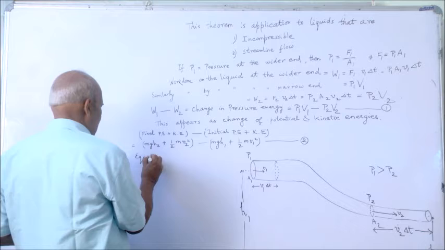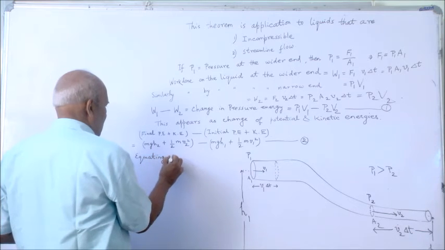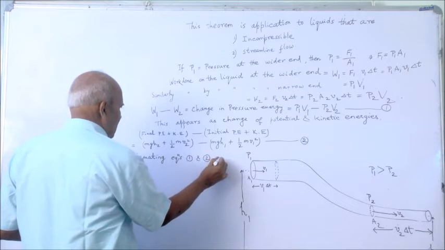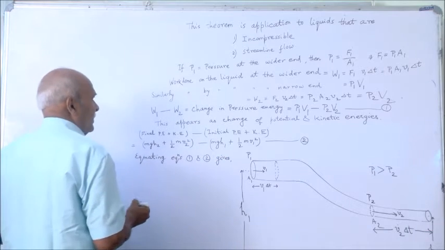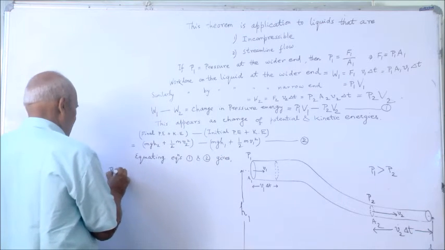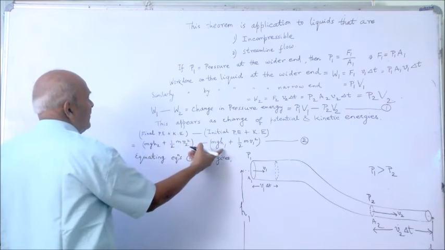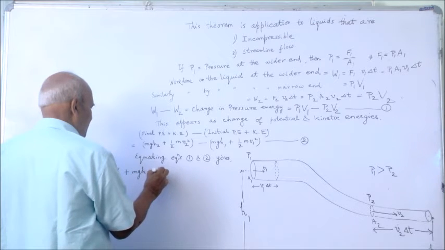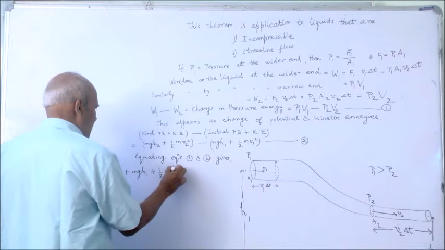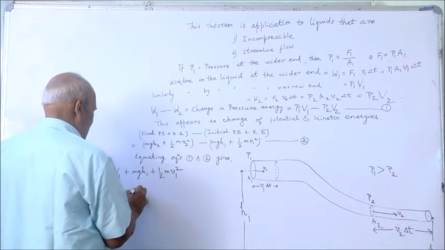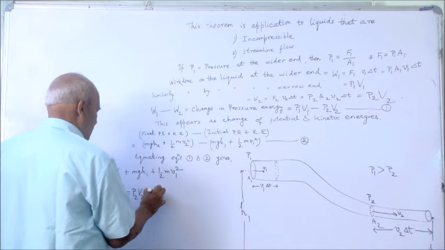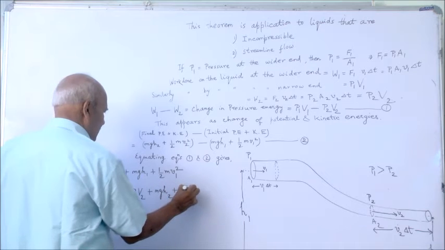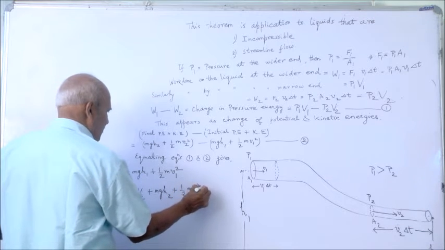So, equating equations 1 and 2 gives P1 V1, then this part comes to this side, plus mg h1 plus half m V1 square is equal to P2 V2 plus mg h2 plus half m V2 square.